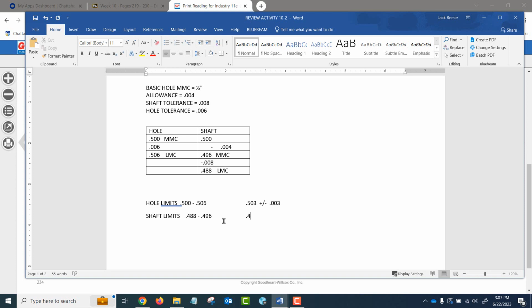So that gives me 0.492 plus or minus 0.004. Okay. And so that's how you do this exercise. There you go. If you have questions, send us an email or come see us, okay?